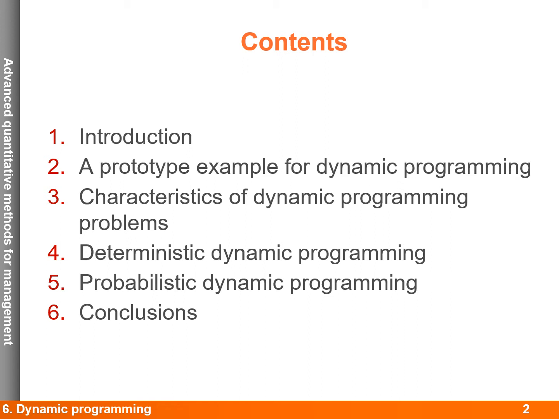The next step is explaining a little bit the characteristics of dynamic programming problems, which we'll see there are 8, and after solving a prototype example we are able to detect all these characteristics. Following this, we go towards reviewing deterministic dynamic programming problems and probabilistic dynamic programming problems. And finally, we conclude this section with a conclusion of this chapter.